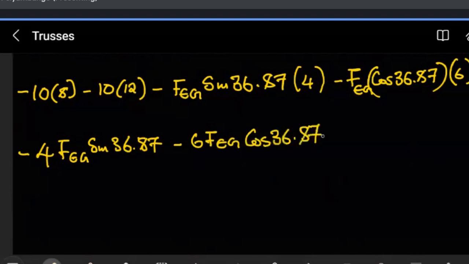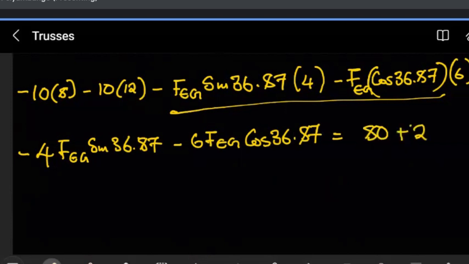So these are these two here. Just making sure I am not making any errors copying those. And then the 10 multiplies the 8, goes the other side, becomes positive 80. And the 10 multiplies the 12, goes the other side, becomes positive 120. When you add these two, you just get 200. So this is what you're going to get there.